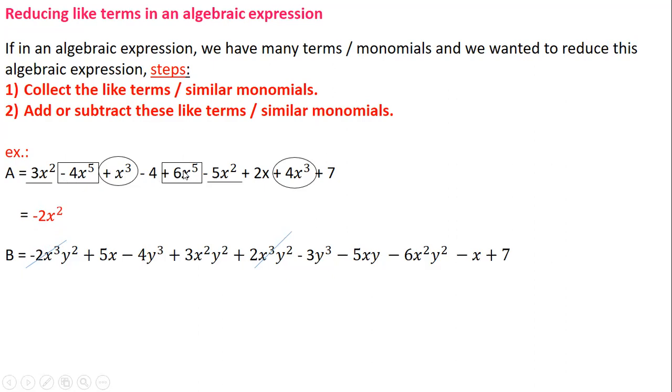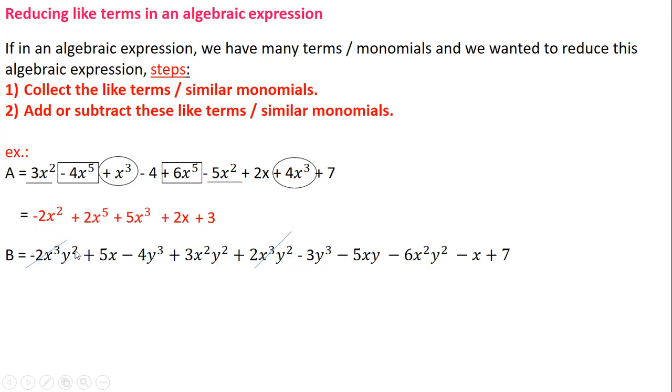Minus 4 plus 6 gives me plus 2x^5. Now plus x cubed plus 4x cubed gives me plus 5x cubed. Now we keep plus 2x as it is, we write it as it is. Minus 4 plus 7, of course, gives me plus 3. So this is the reduced answer. We do the same in part B.